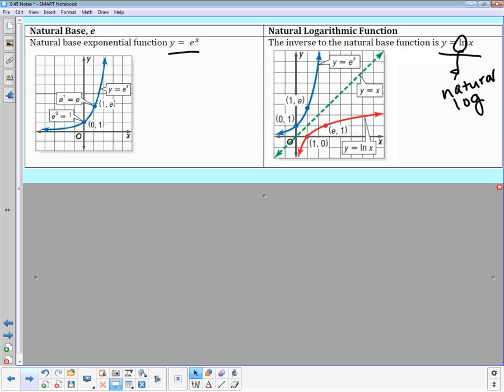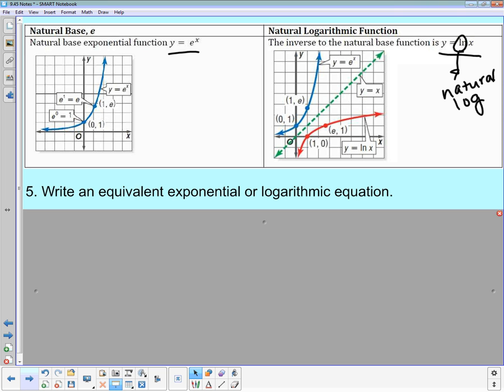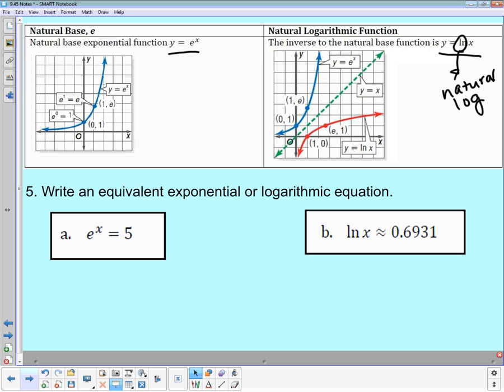So if I take a look at number 5, it says write an equivalent exponential or logarithmic equation. So in part A, I have e to the x is equal to 5. That's an exponential equation. And I want to turn that into a log equation. In the past, what we've learned is that we take the base and raise it to the power, and it equals that.